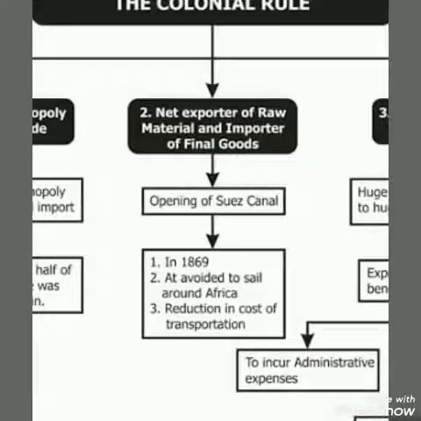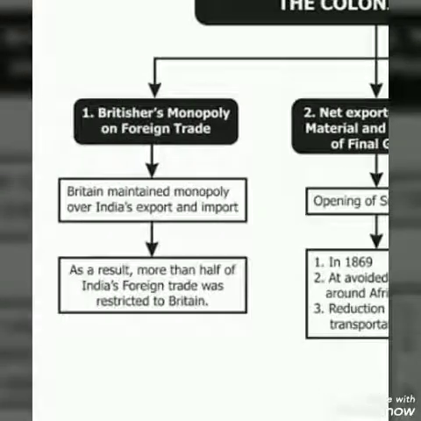So the composition of exports and imports shows the backwardness of the Indian economy. Okay, so export and import were largely restricted to Britain only due to the monopoly control of Indian foreign trade.